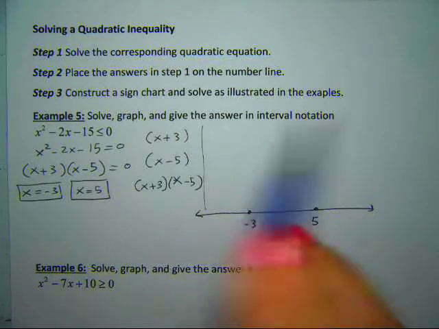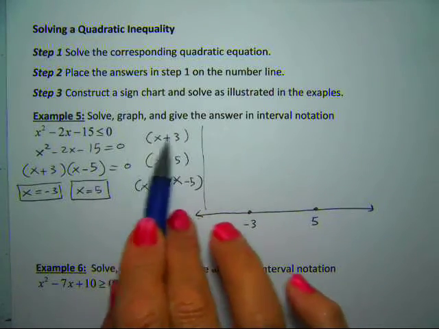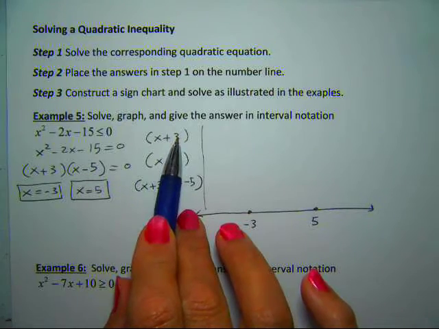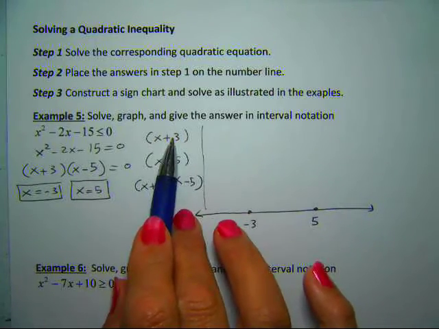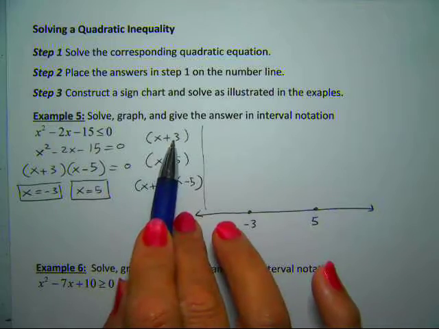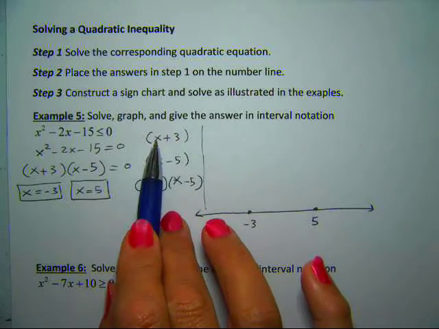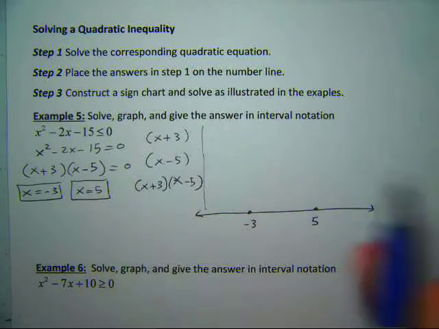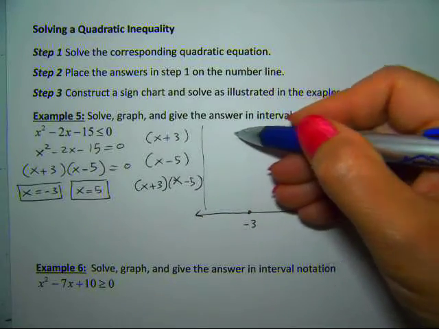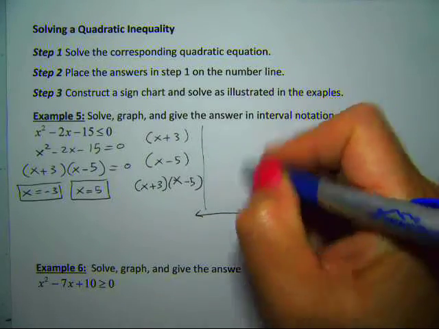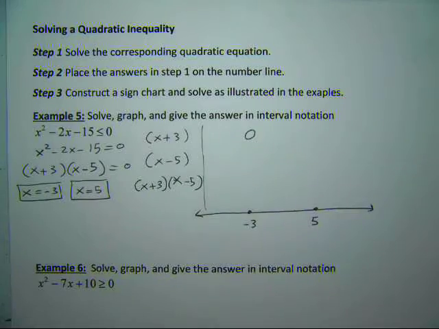So first of all, just check this factor. We're going to ask ourselves the question, when is this factor equal to 0? This factor is equal to 0 when x is negative 3, because you're going to have negative 3 plus 3. So above the negative 3, I'm going to put a 0.